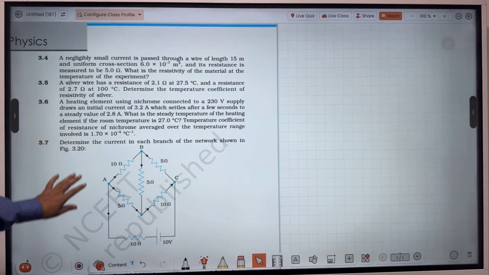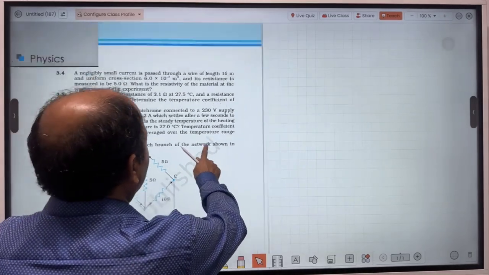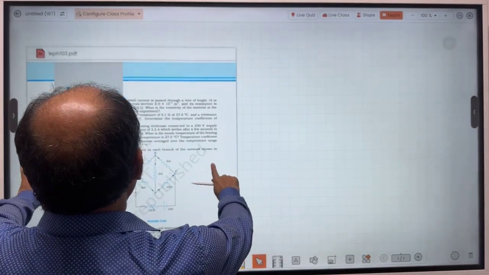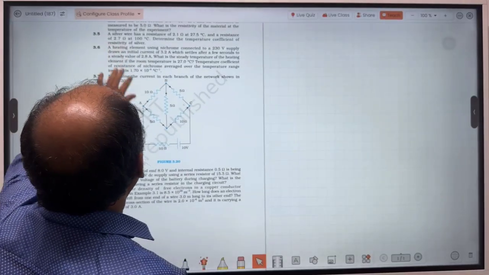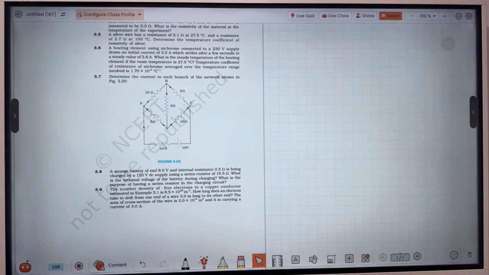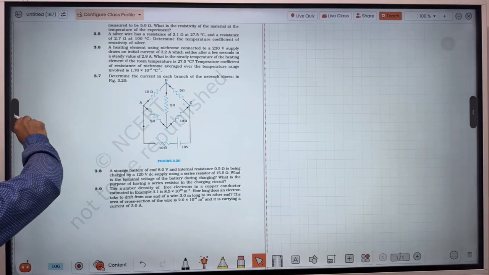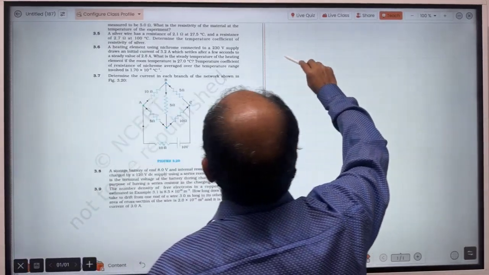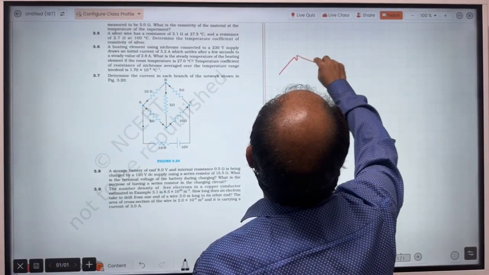Determine the current in each branch of the network shown in the figure. Again, you have to apply KVL. So when we apply KVL, let's draw the diagram here.